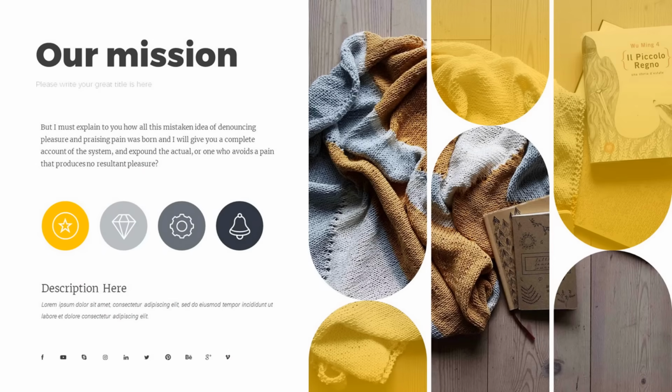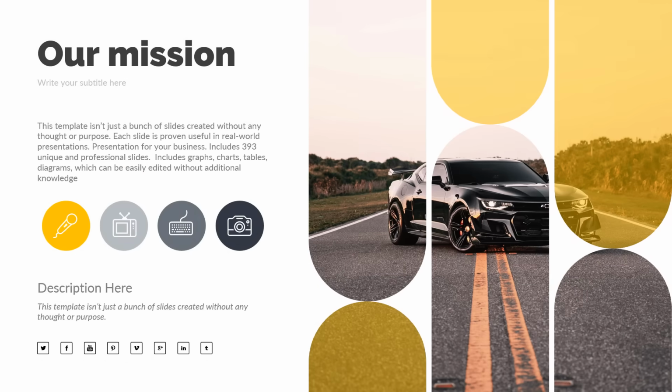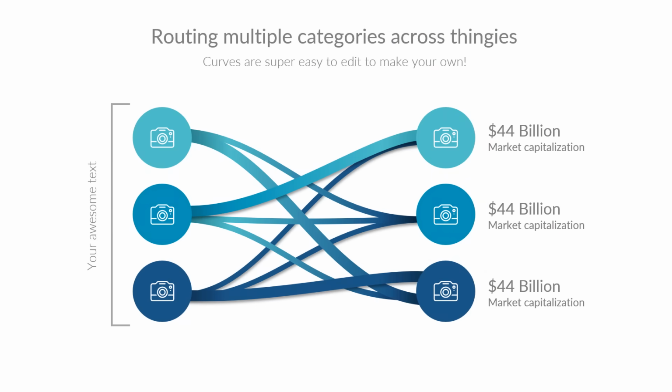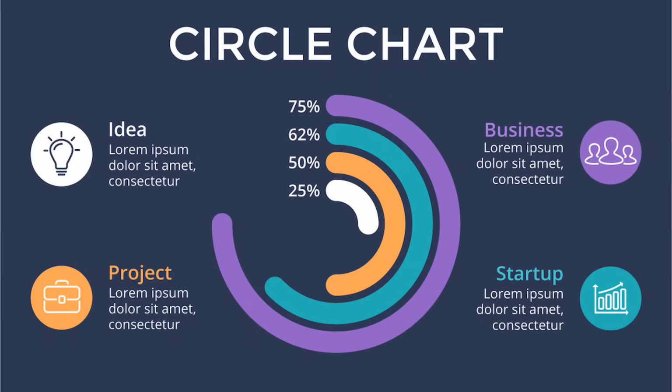So slide design number 7, again, some awesome image placeholders with color overlays. So slide design number 8, so once again we were working with shapes in PowerPoint, and you have learned how to create and draw beautiful curves that you can use in infographics or anywhere else that you need.